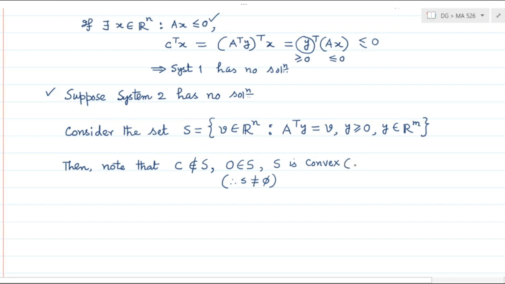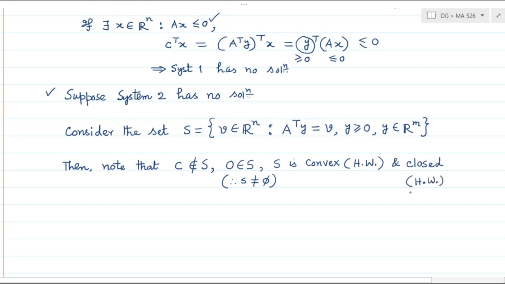You check that this is a convex set, and not only a convex set, this is also a closed set. Fine. Now you also try to prove why it is a closed set. I will give a hint here.